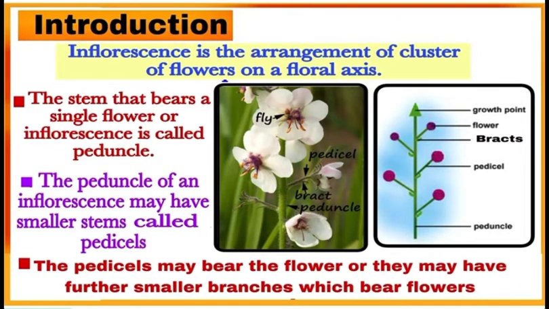The peduncle of an inflorescence may have smaller stems or branches, and these are called pedicels. The pedicel bears the flower, or they may have further smaller branches which bear flowers. Draw this diagram of inflorescence in your practical file.